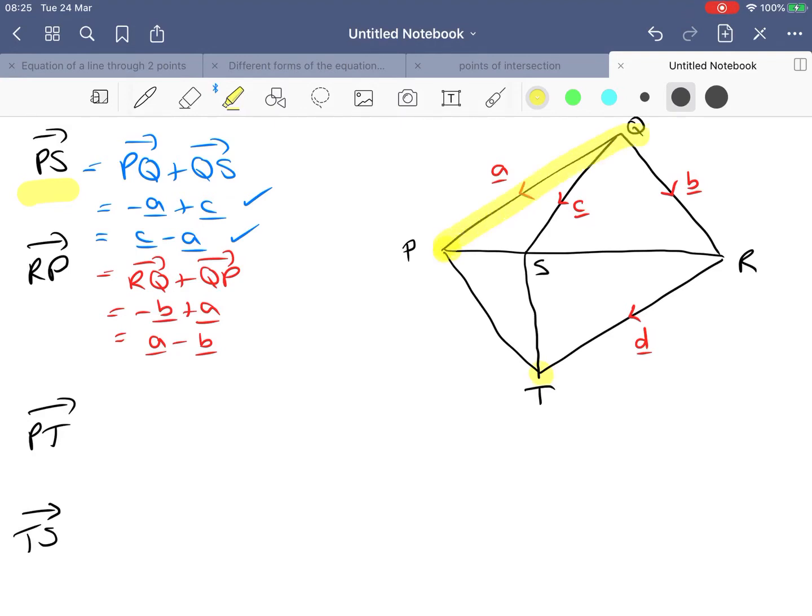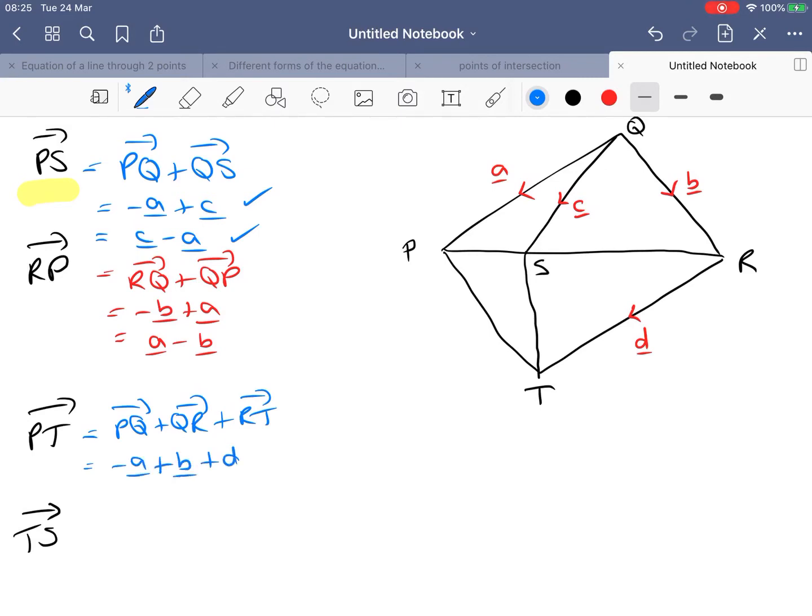If I go all the way around, I know the three vectors, so I can quite easily do that. So my PT is going to be PQ plus QR plus RT, and that is quite simply minus A plus B plus D. Again, you could tidy that up and maybe write B plus D minus A.